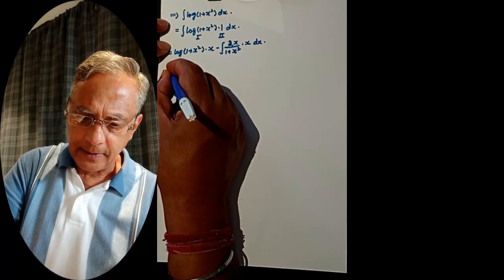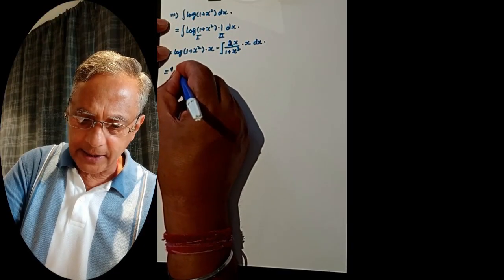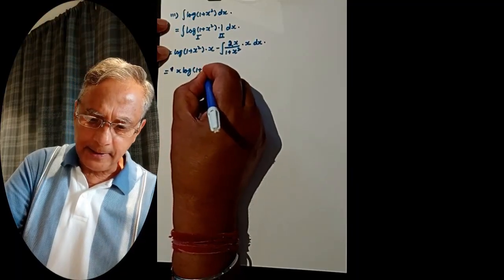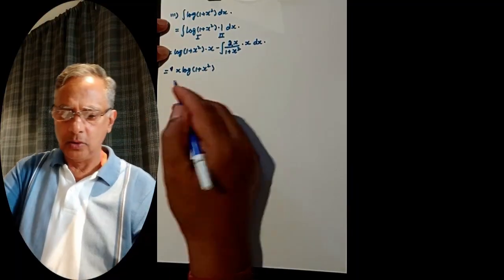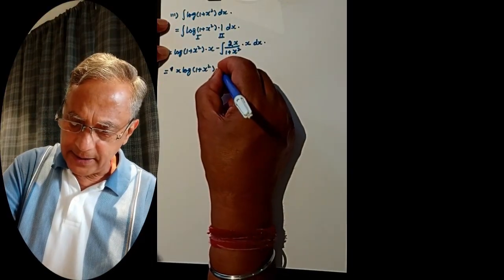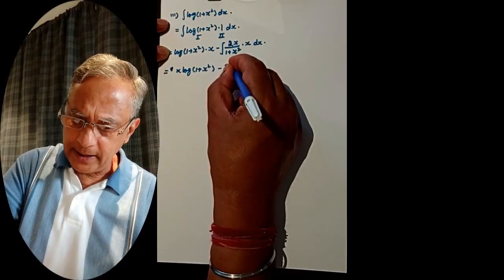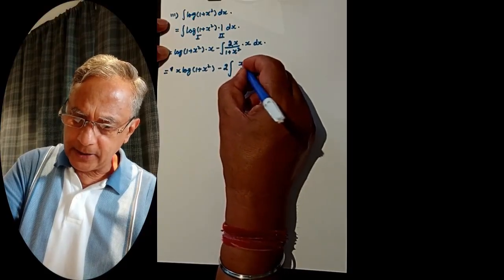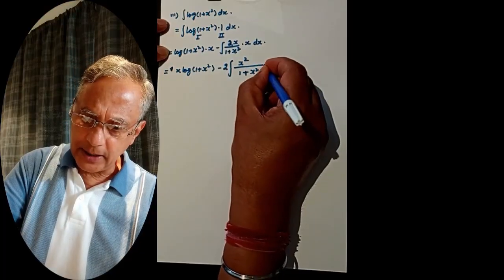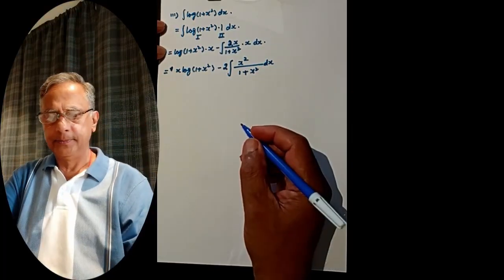This is x log 1 plus x square minus 2 is common, integral of x square over 1 plus x square dx.